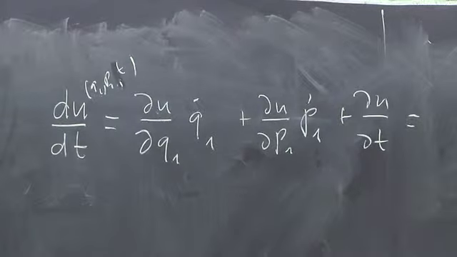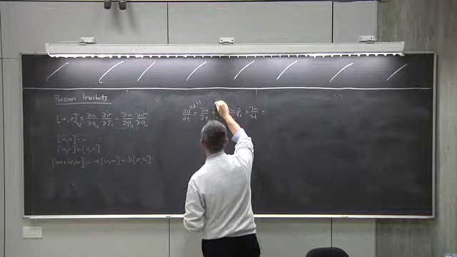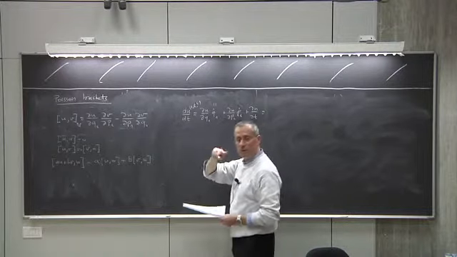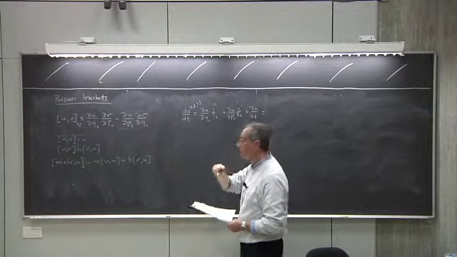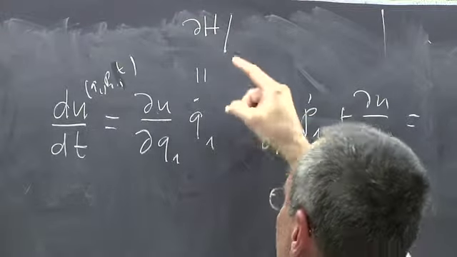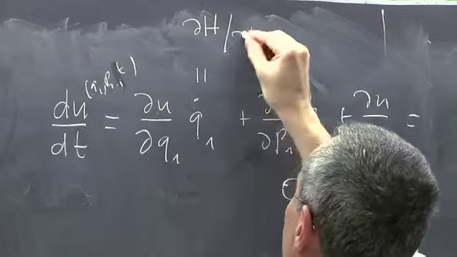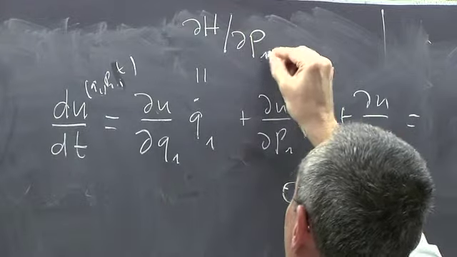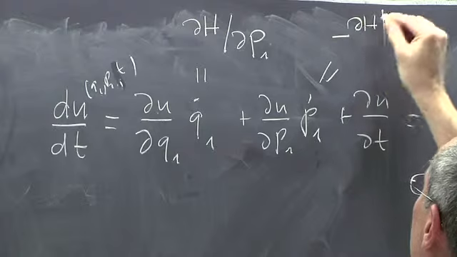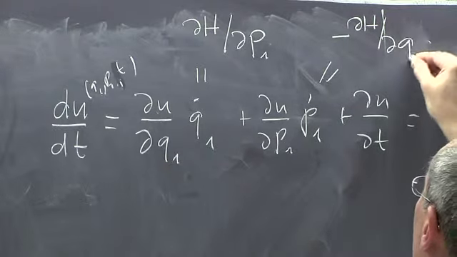But now these are canonical variables, so what is Q dot? If you recall Hamilton's equations, Q dot is the partial derivative dH/dPi, and P dot is minus the partial derivative dH/dQi.